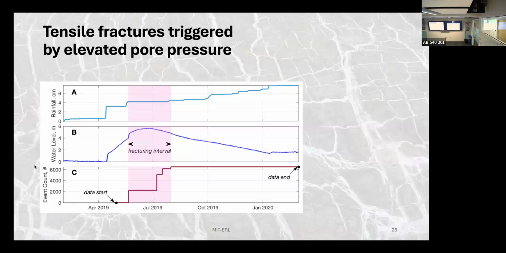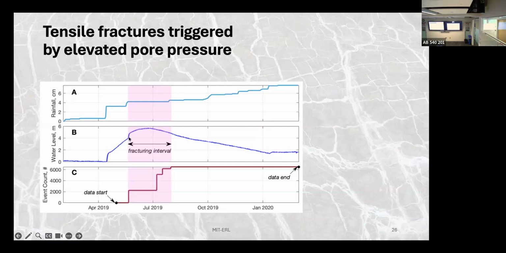And when you plot the occurrence of those fracturing events and compare them with the water level in the boreholes, as well as the rainfall or precipitation at the site, you'll see that all of the fracturing events happen in a time period where there is elevated water level in the boreholes.